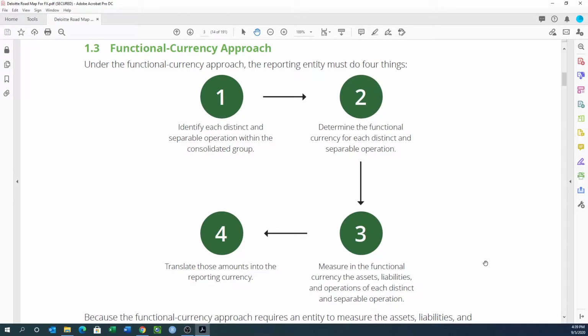So the first step, identifying each distinct and separate group within the consolidated group, that's a judgment call, right? You've got to look at the org chart, you've got to look at the nature of the operations, and if you're just trying to figure out as an auditor or as a brand new person looking at this company, and it's a public company, I can specifically speak to public companies because there's information out there.